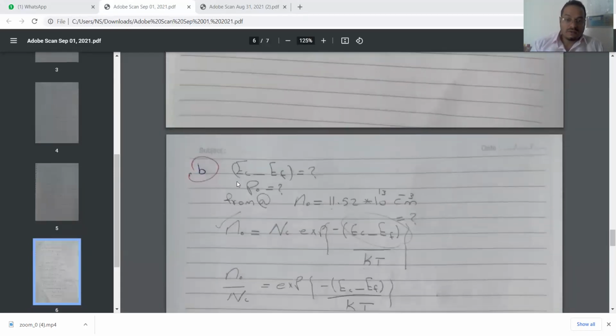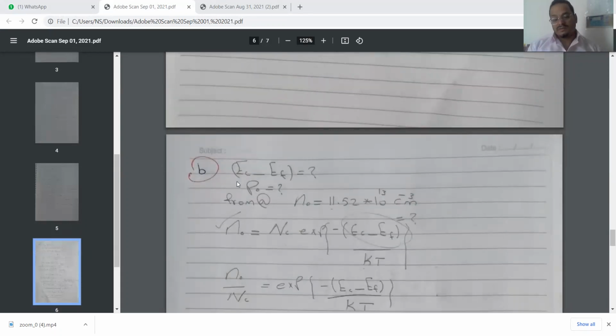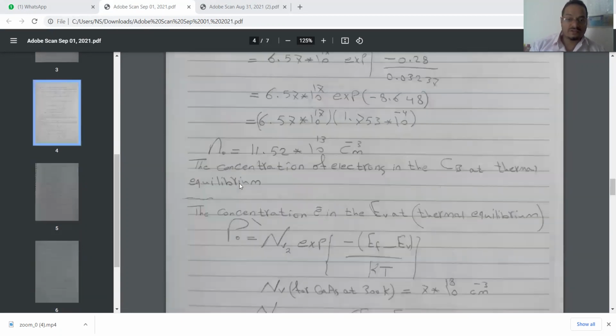Now we are asked to calculate the difference between the conduction band and the valence band at room temperature, and calculate the concentration of holes at the valence band. Like I remember, it was about room temperature.